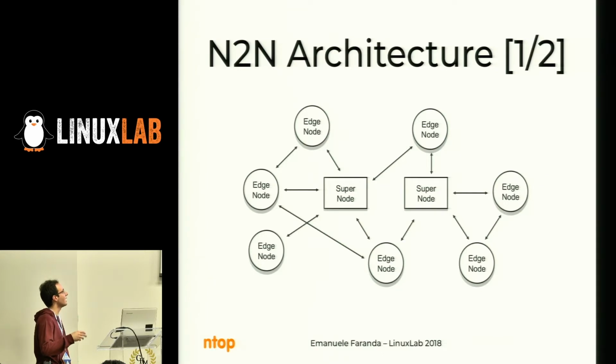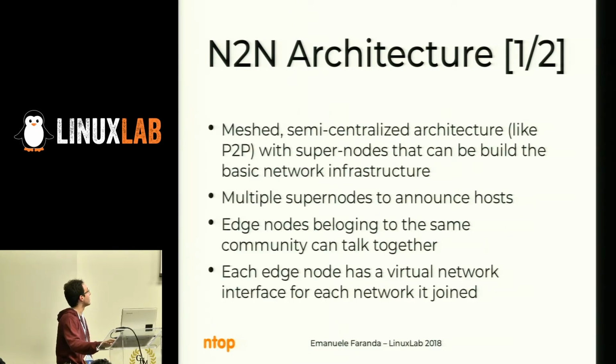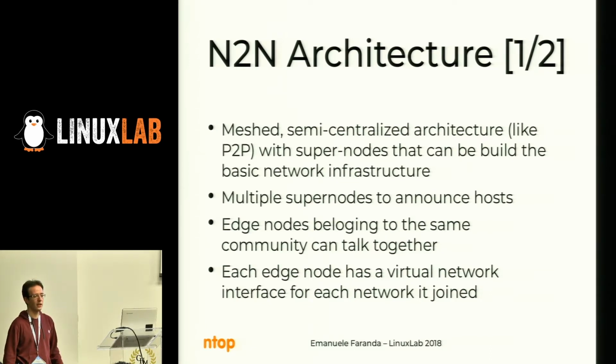As I said before, edge nodes belong to communities. So we can have many communities in this scheme, and only the edge nodes belonging to the same community can talk together. The important thing is that when you join a community, a virtual network, a virtual device will appear on your system.